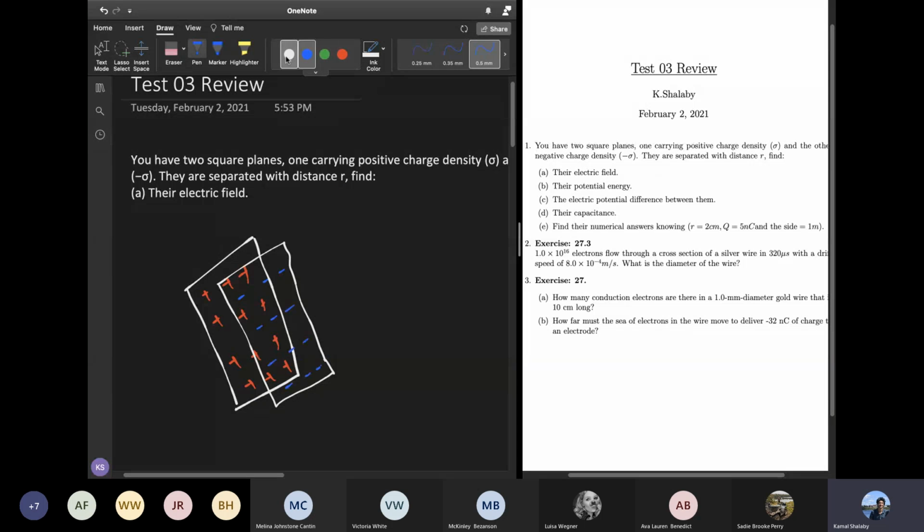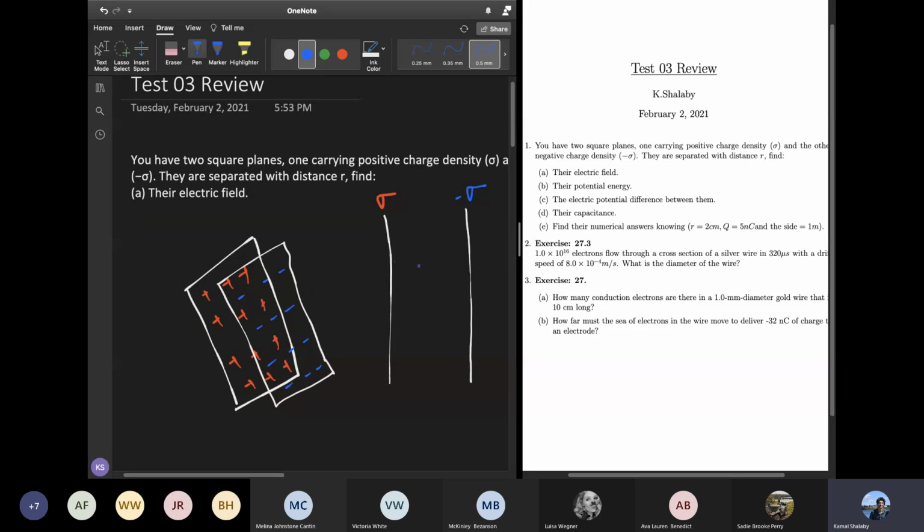So if it looks from the side, it'll look like this. Those are the two. One of them being positive sigma has a charge density sigma, and the other is negative sigma. Okay, and we'll assume that both of them have the same shape.